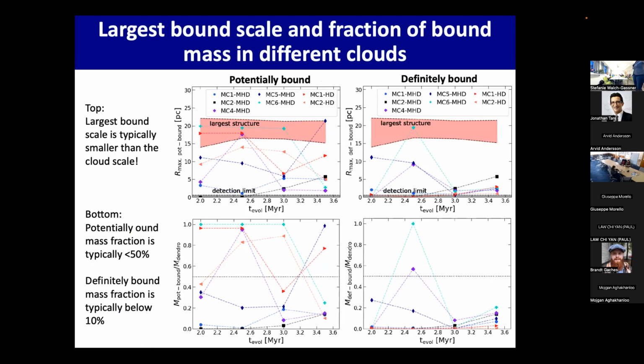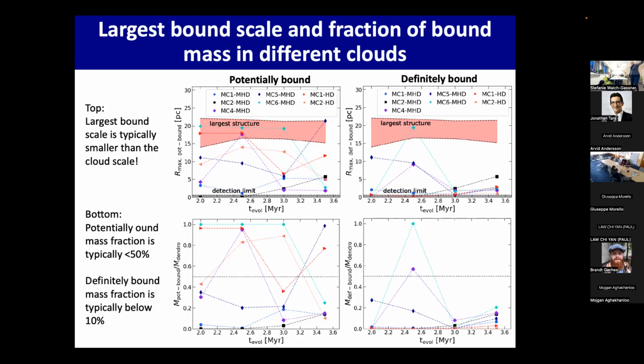What we can see is that the potentially bound mass fraction is typically about 50% or so, and the definitely bound mass fraction is below 10%. So there's only very little mass which is definitely gravitationally bound.